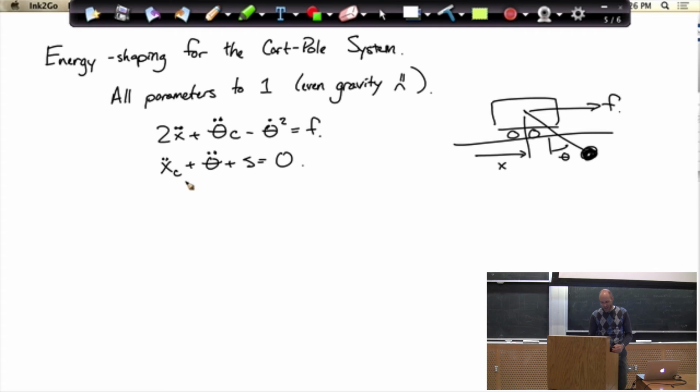Let's see if we can do the same sort of thinking on this slightly more complicated system, and try to think about regulating the energy of this system. The energy of this system is a coupled, complicated thing between the energy of the cart and the energy of the pole, and the picture of the homoclinic orbit disappears. It's not so clean.